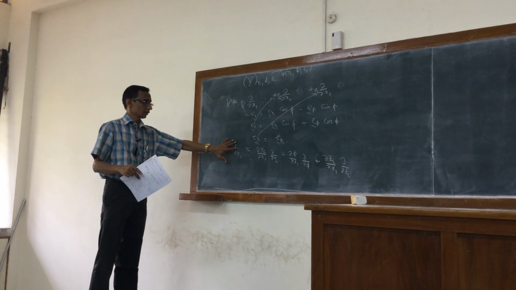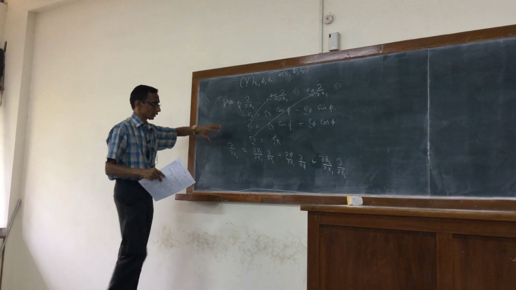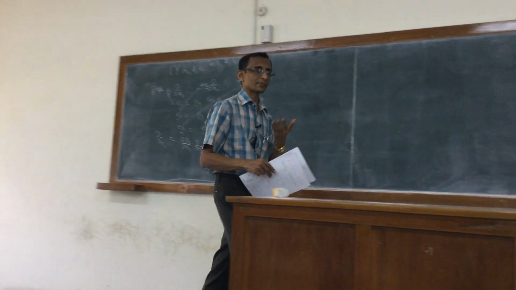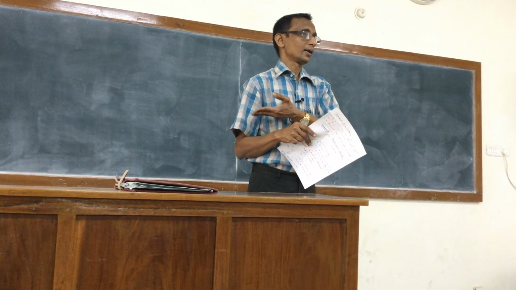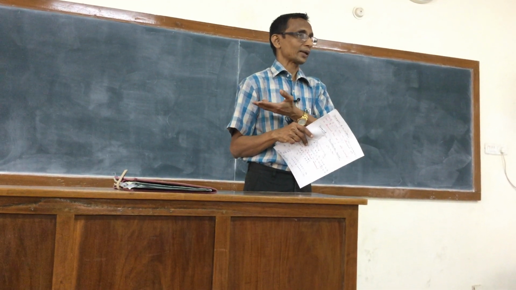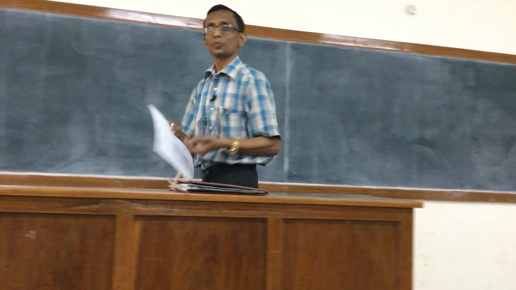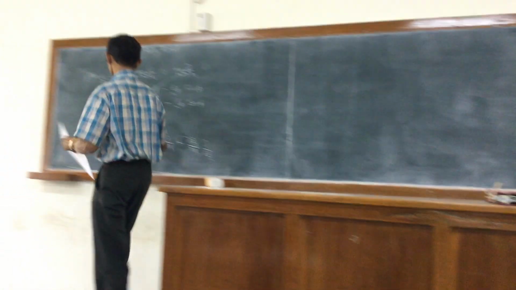So this is the operation d by dx1, but now with psi regarded as a function of rc, phi and zc, which in turn can be expressed, as we have already seen, in terms of x1, x2 and x3. So this is the formula.